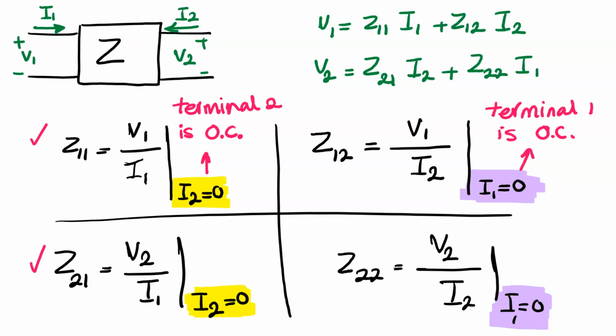And the second time you have to make your terminal 1 open circuit, and this time you have to find your Z12 and Z22, which is basically the relationship between V1 and I2, and then V2 and I2. Okay, so this is how you can find the Z matrix, and this Z matrix has Z11, Z12, Z21, and Z22, and it describes the voltage in terms of current.